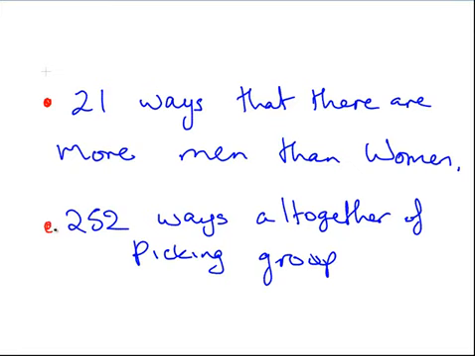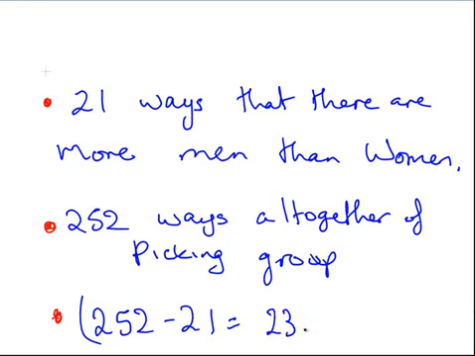So let's just see how that goes. That means that there has to be 252 minus 21 ways. And what is that? That is 231.